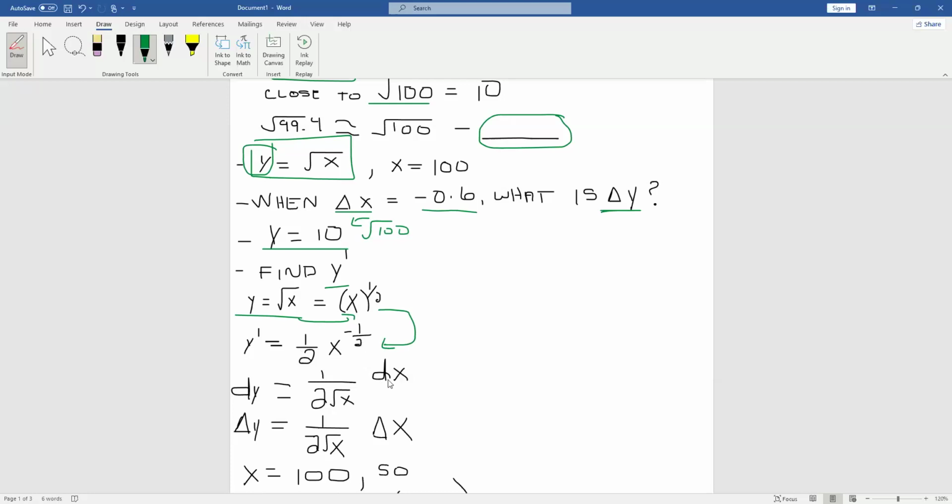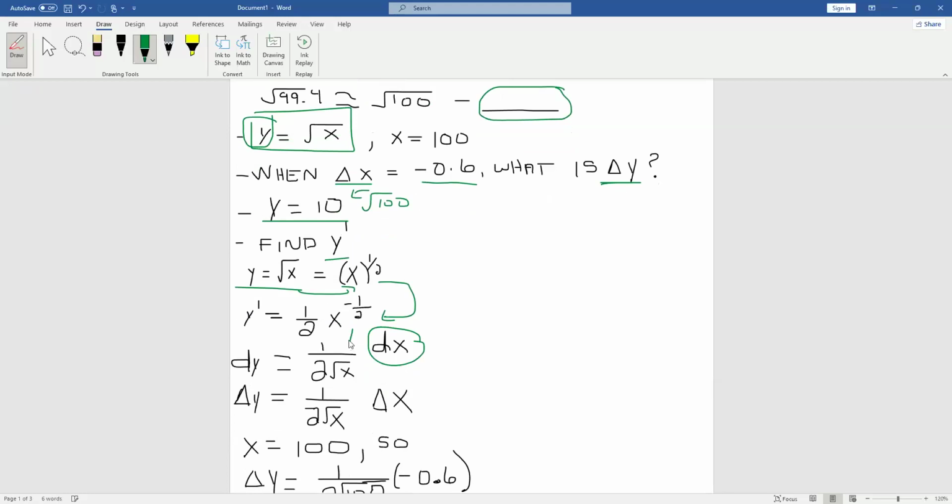Now our goal is to find that change in y. So we're taking now the derivative of this y expression as it relates to x. Since we're dealing with two different variables, we have to add the derivative of x to the right side of that equation. So we take the derivative of both sides.